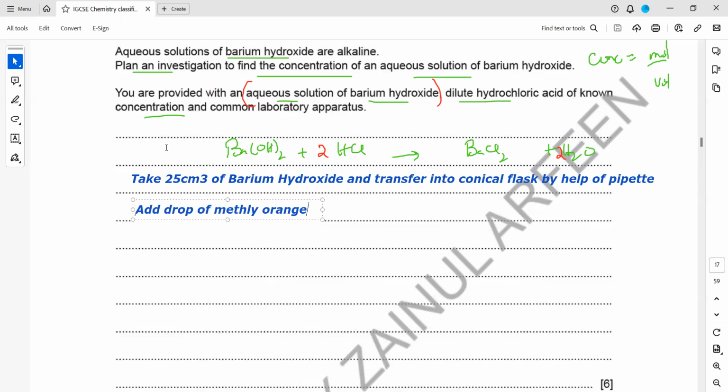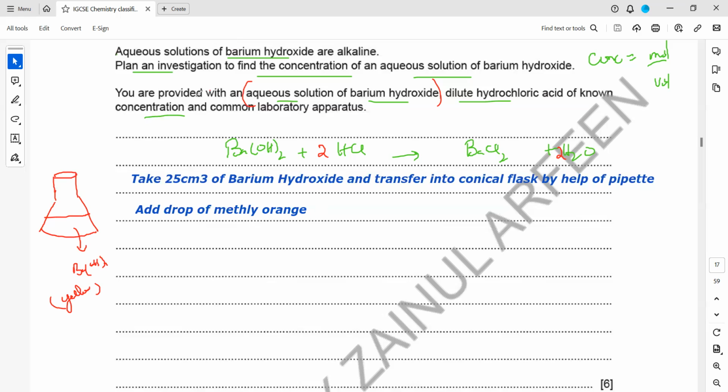Originally, we have an alkaline solution. What will be the color of methyl orange in alkaline solution? As we have a conical flask filled with barium hydroxide, which is alkaline, methyl orange is yellow, so you will mention yellow.